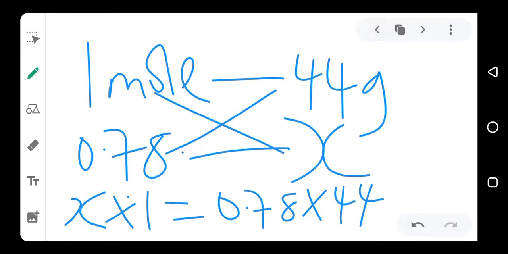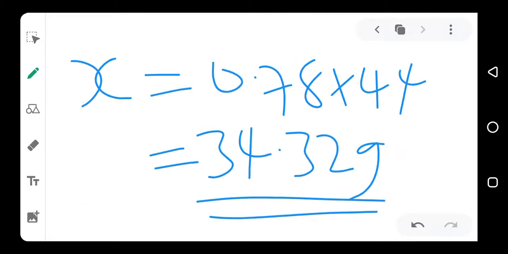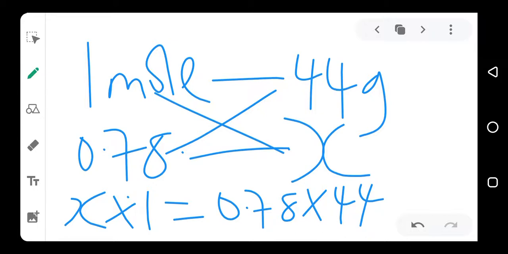So this means that if 1 mole gives us 44 gram of CO2, 0.78 moles will give us this thing which we have calculated, 34.32 gram. That is the answer. So we have seen how to calculate the mole from molar mass and how to calculate mass from mole.